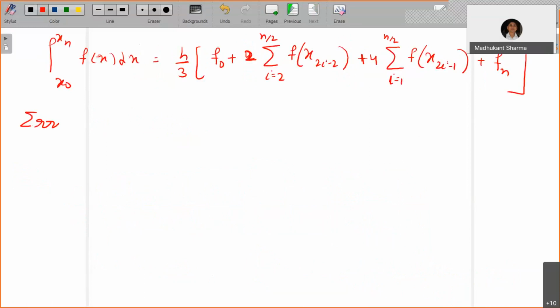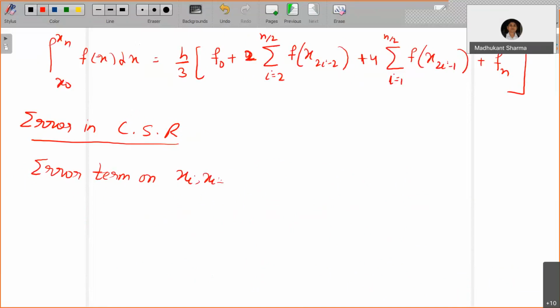Now, error in composite Simpson's 1/3 rule. The error term on x_i to x_{i+1} was minus f fourth derivative at eta_i divided by 90 times (b minus a)/2 to the power 5.